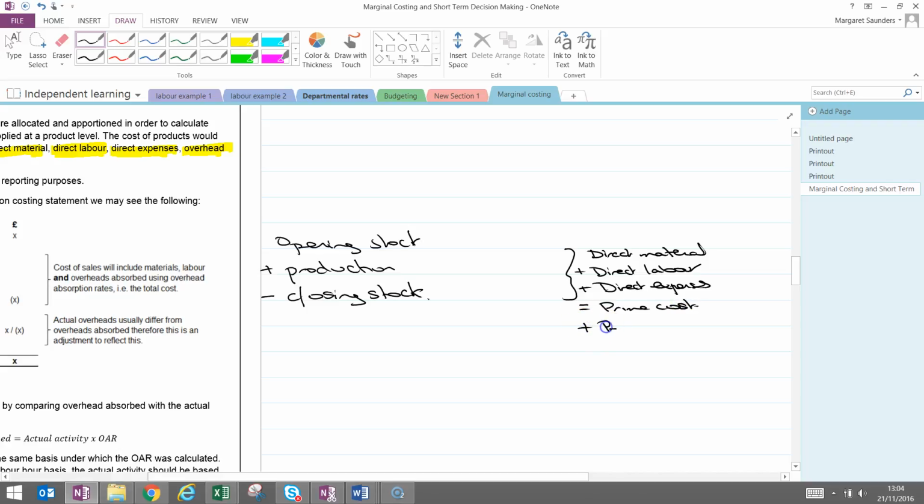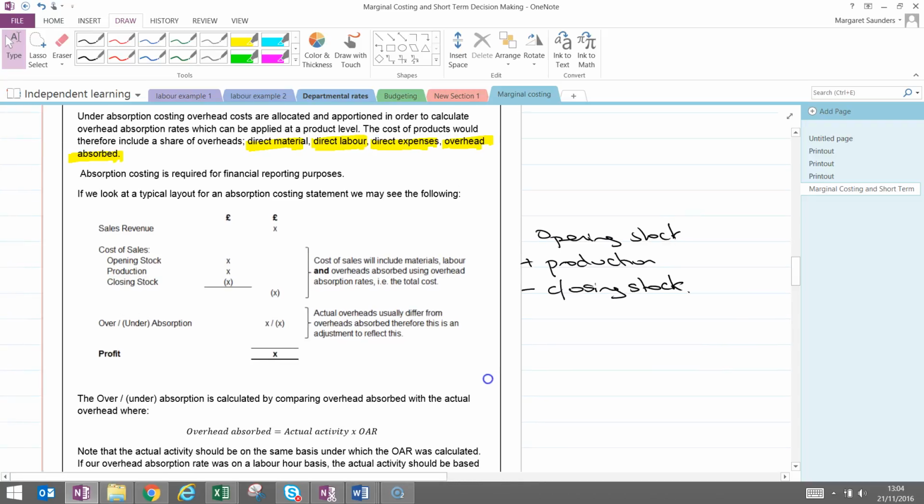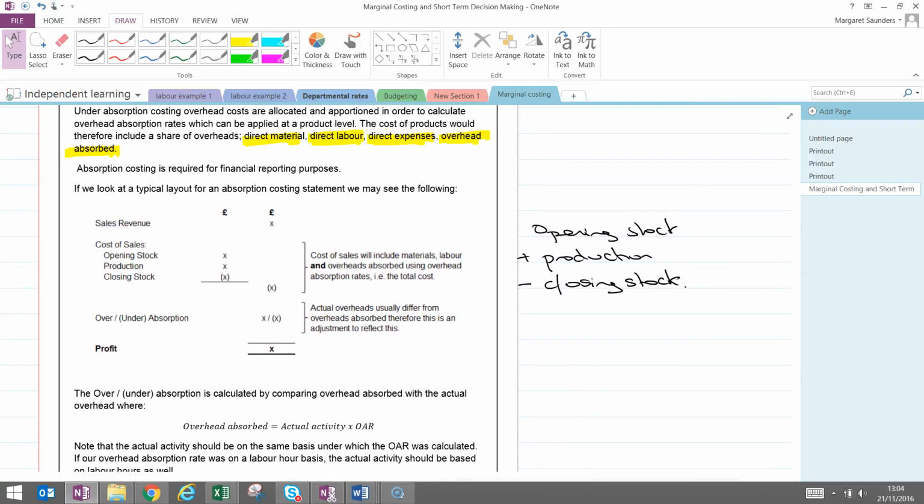Add production overhead using an OAR, and that gives us our production cost or factory cost. So we would have to use those figures to put a value to our production and to put a value to the closing stock. So we would have opening stock plus production minus closing stock.